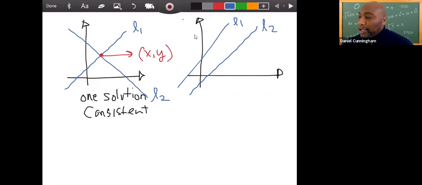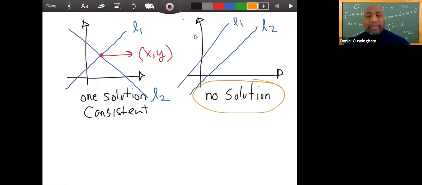And therefore, if there are two lines you graph and they never cross, then our answer would be no solution. There is no solution, and we're going to circle it. If there's no solution, we also can name it non-consistent, or not consistent.